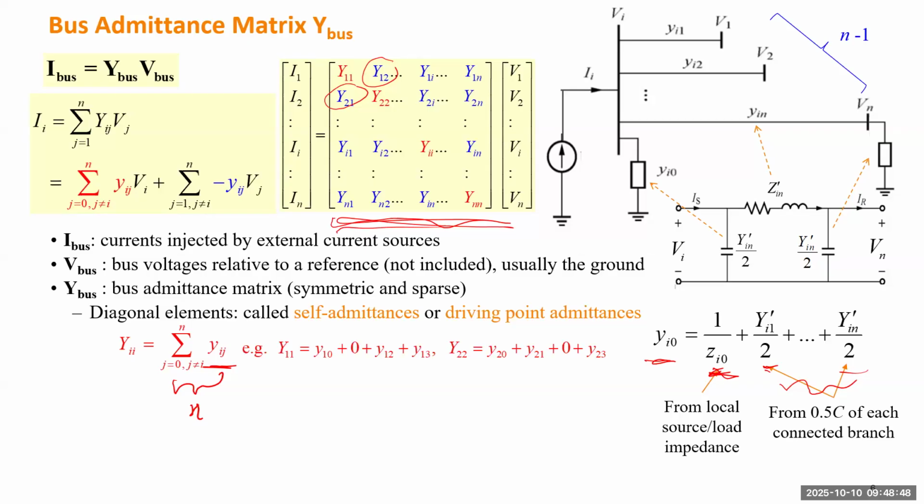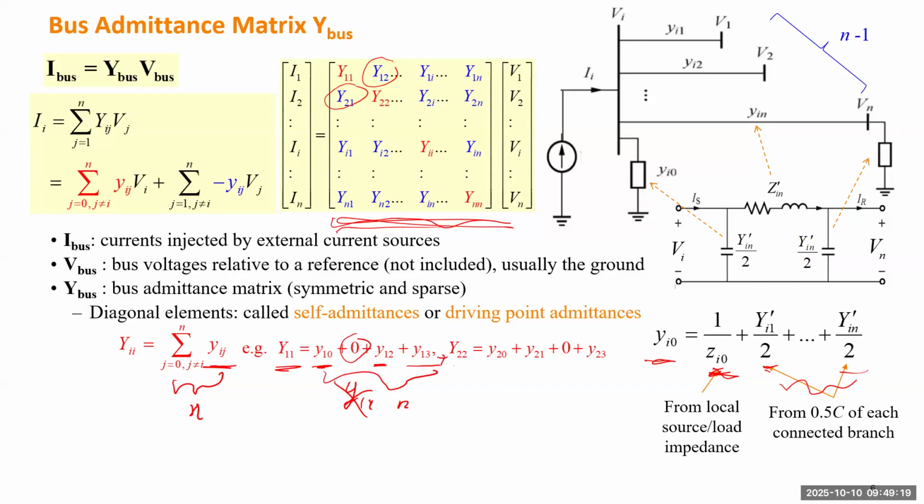For instance, for capital Y11, it will be lowercase y10 and then y12 and y13. So this 0 means there's no such item like lowercase y11. Okay, there's no such thing. And the total number of non-zero items you need to consider is totally n.